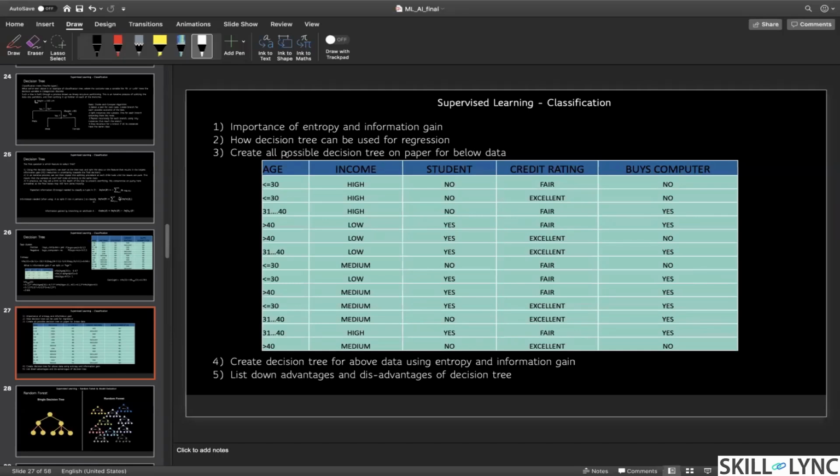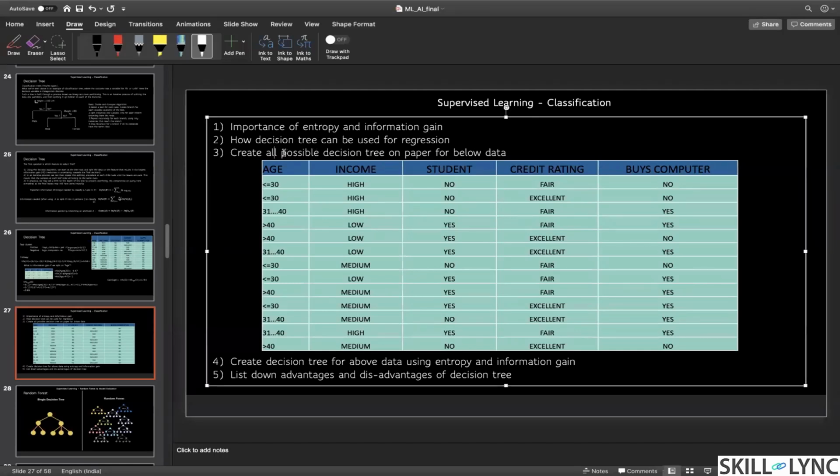And then create all possible. Here you can make sure that you create 2 decision trees on paper for the below data, out of which one should be based on information gain value.